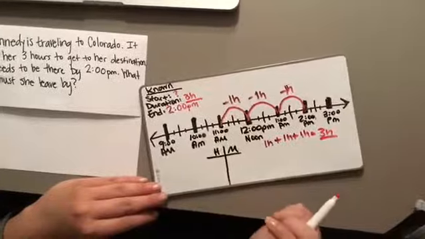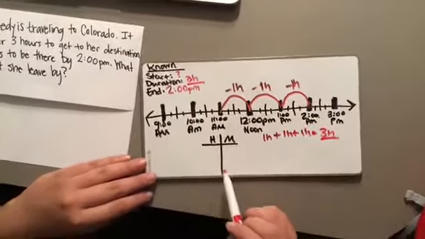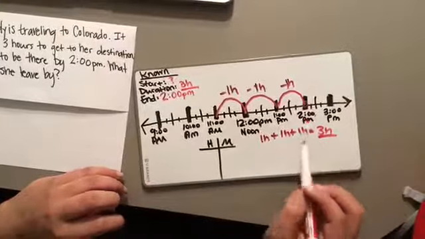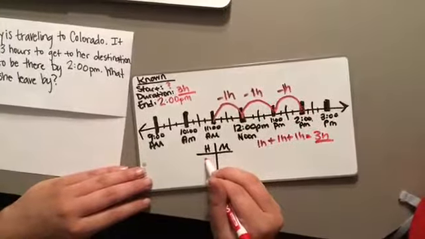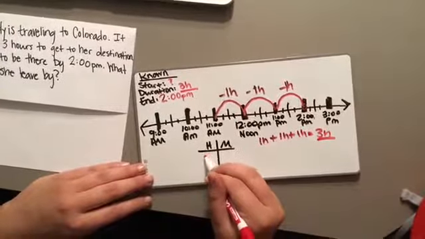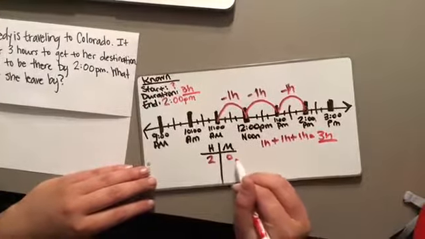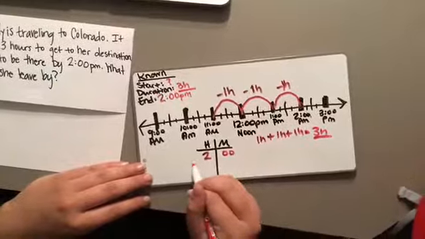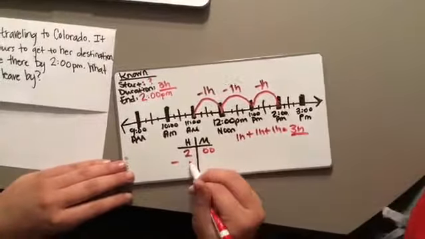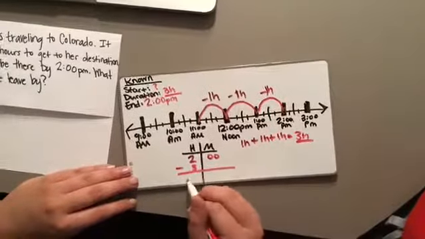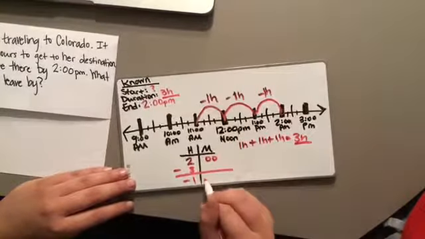Also, I can show this mathematically by showing that my end time, which was 2 p.m., so that's 2 with 0 minutes, and I subtract 3 hours, that I'm going to end up with -1 hours.